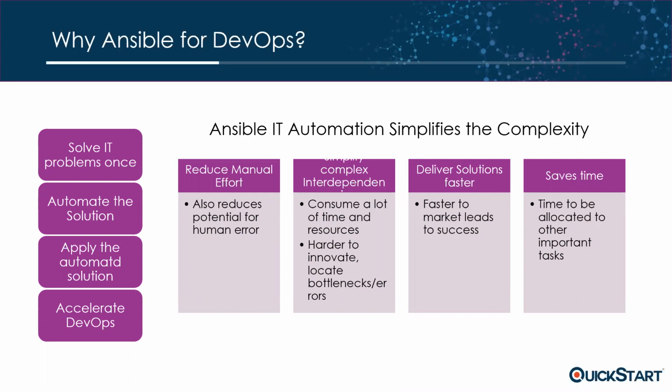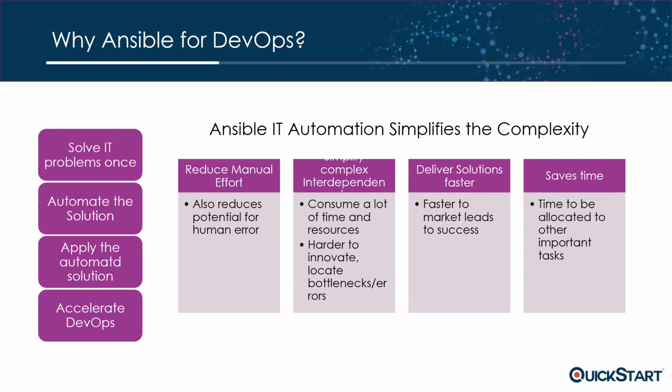The automated solution is then applied, and the result, simplification of infrastructure and configuration, effectively accelerates DevOps initiatives. That is the main reason, right? So solve IT problems once, not more than once. Automate the solution, apply the automated solution, and accelerate DevOps.